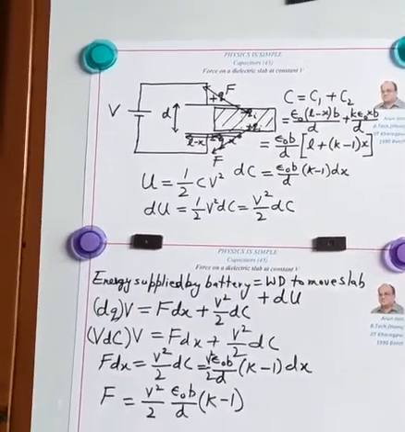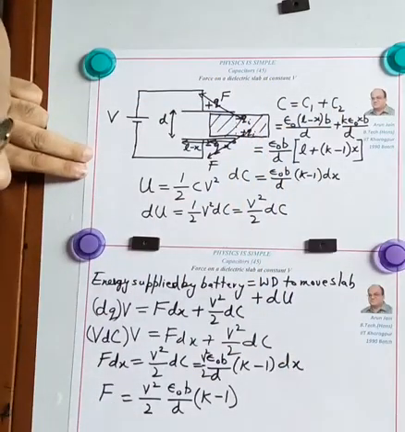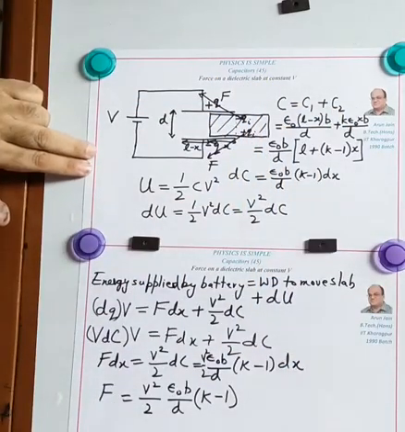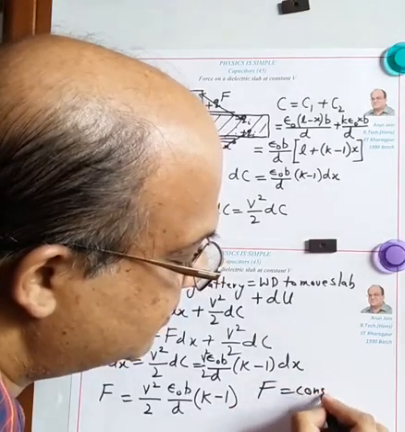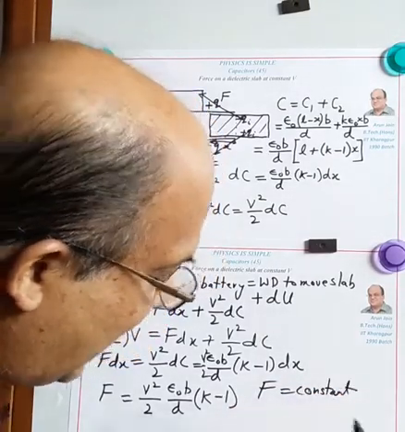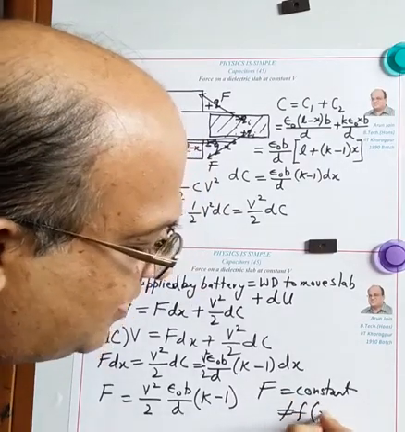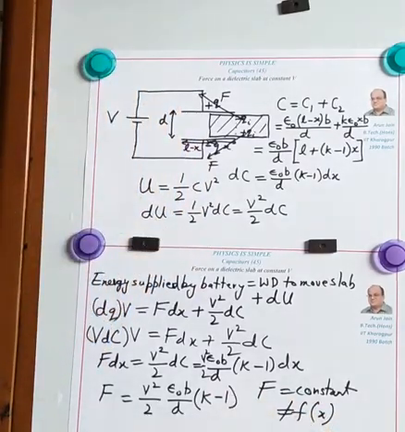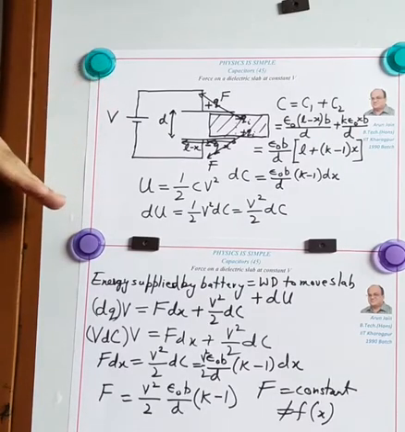It does not depend on x, and with this force the dielectric will be pulled inside. So F equal to constant, and it is not a function of x. So this derivation is as simple as that, nothing complicated. If you see books, you'll get scared.